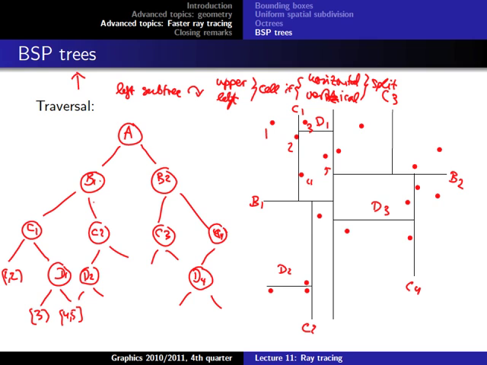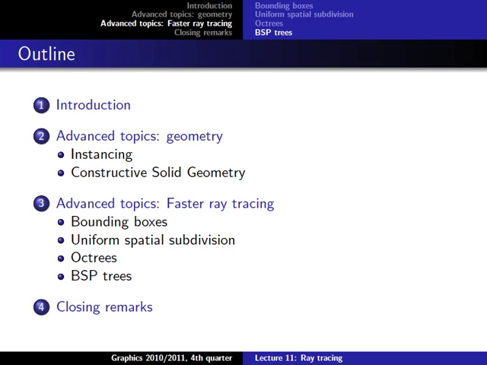So for example, if we have a ray that starts here and goes up here, we know immediately after checking A that it will not intersect with all the cells that are in this part of the tree, so we save a lot of intersection tests by throwing that part of the tree away. So this is quite similar to what we had with the hierarchical organization of bounding boxes. Good. So these are the BSP trees, but as I said, in game programming, usually Octrees are used.